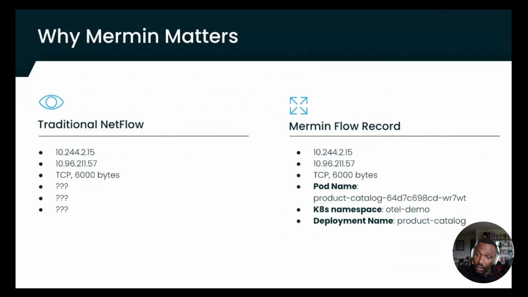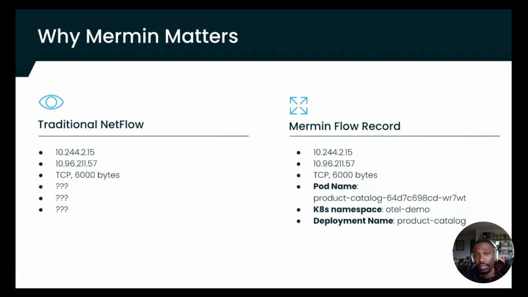The reason also that we need Mermin in this is because traditional NetFlow won't have any of the ephemeral information that happens in Kubernetes. So yes, we could understand that we saw communication between a source and a destination. However, we know that the things that we care about in Kubernetes are the pod name, the cluster name, and the namespace name.